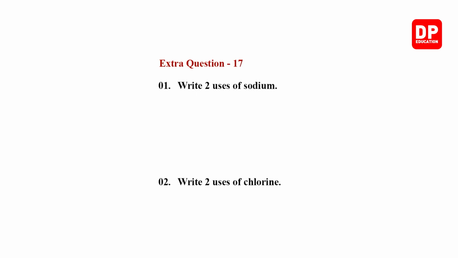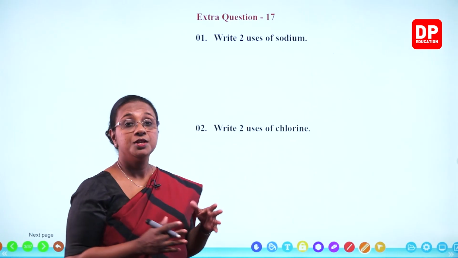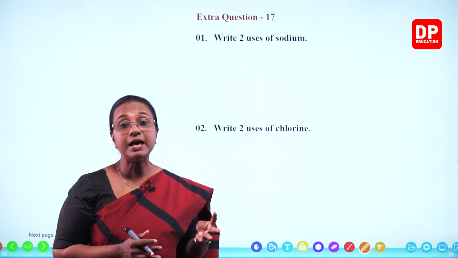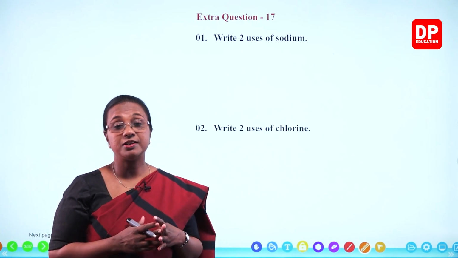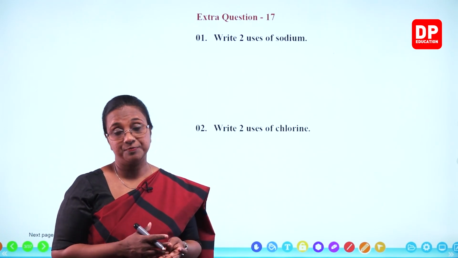Now here, it is extra question 17. Write 2 uses of sodium and also write 2 uses of chlorine. So can you all recall the uses of sodium? Sodium, we use it in the laboratory. For different laboratory experiments, we use sodium.